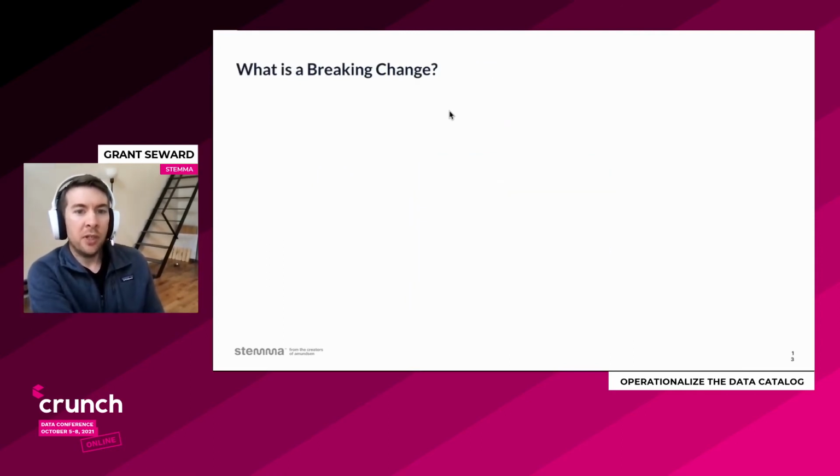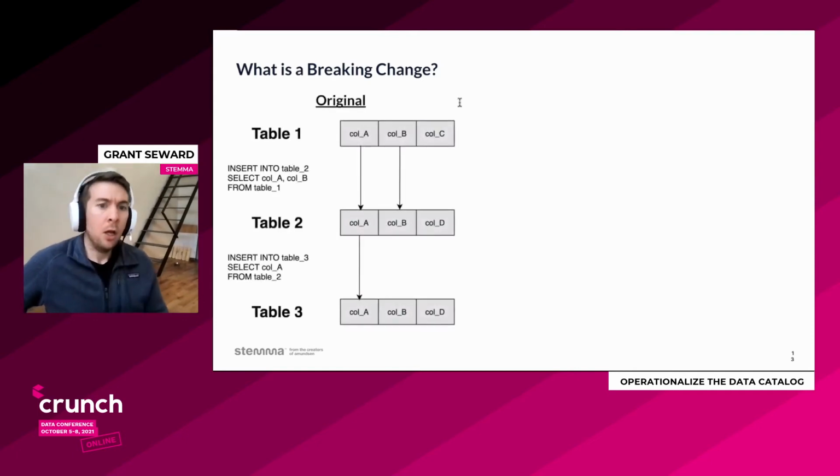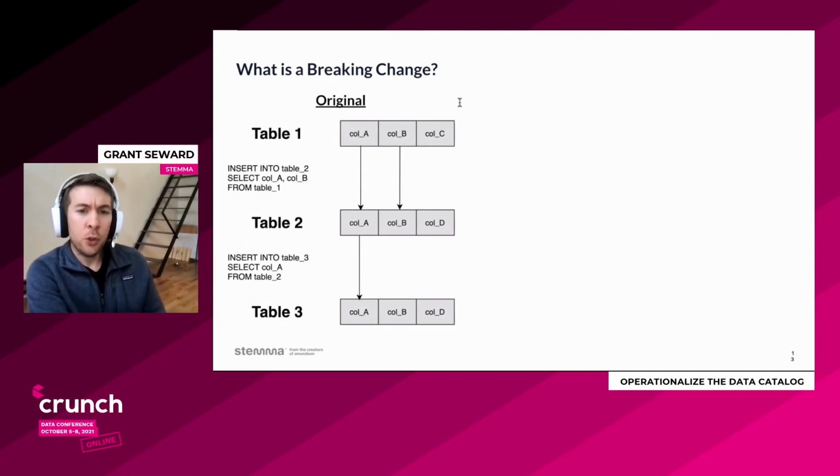You can really only answer the question, what is a breaking change, when you are able to see every downstream place where your table or column is used. There are many, many different flavors to this use case, but I'll set up a basic pipeline for how data flows between just 3 tables to demonstrate the problem. So here, we have 2 SQL scripts that run within our ELT process.